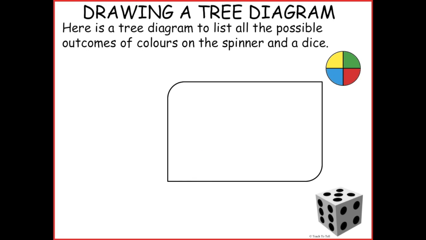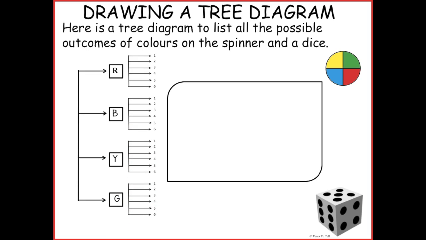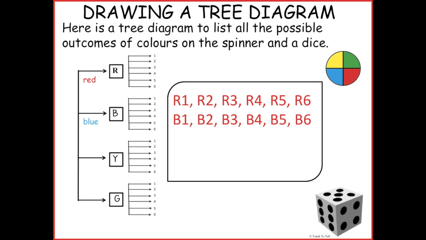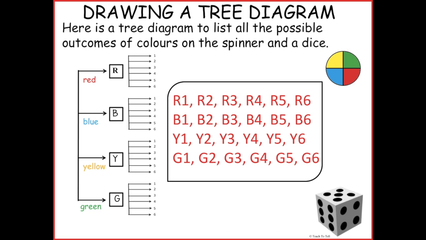Of colors on a spinner and a dice. So we have our 4 colors, red, blue, yellow, and green. And so if I spin a red one, I will have 6 different options for rolling the dice, and this goes on. Because blue, I still have the same 6 options, same with yellow and with green.